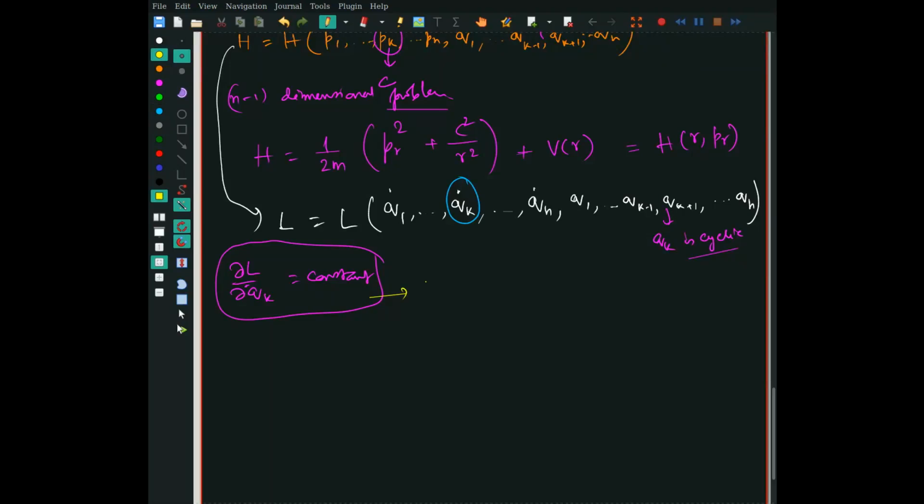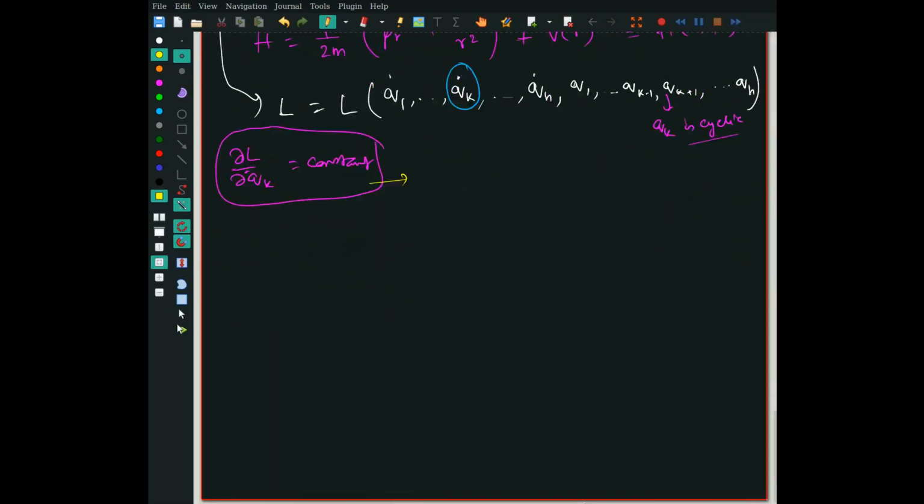Now there is another interesting thing about this Hamiltonian approach, which is the concept of phase space and how to visualize the evolution of a system. So let me now introduce something called the phase space.